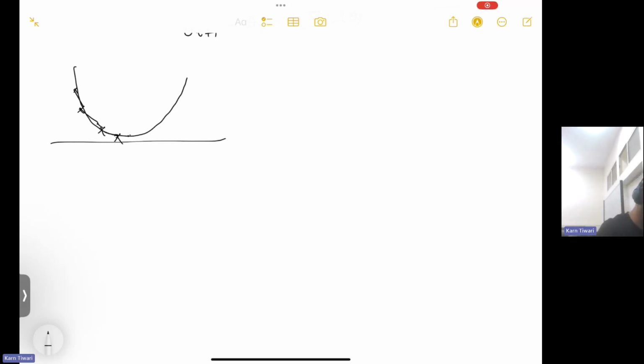So the eta, if you take a small step, then it will be something like this. If you take eta very big, then you might be crossing your minima, so something like this, some oscillation. You'll be oscillating around the minima. This is not what we want.